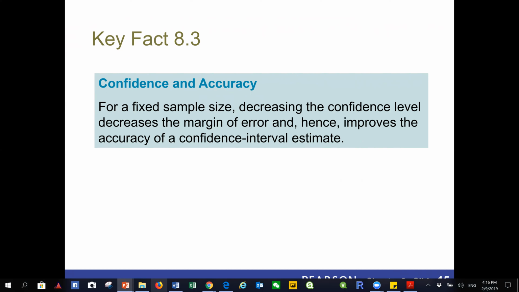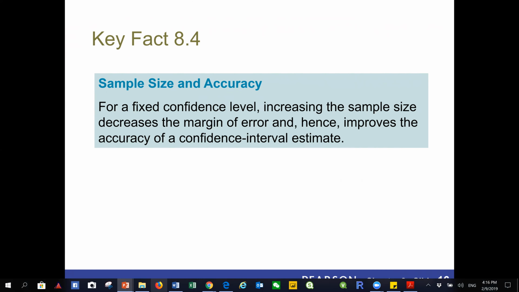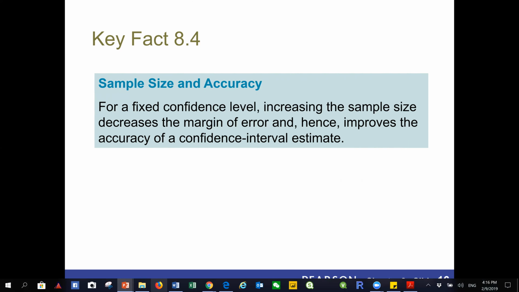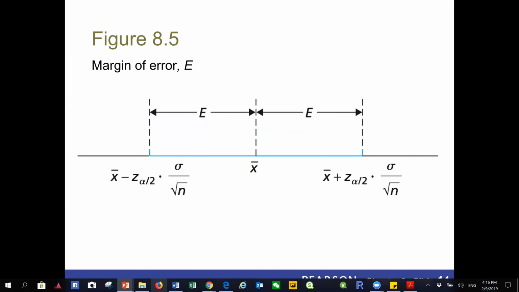When you decrease the confidence level, increasing the sample size decreases the margin of error. Okay, let's look at this: sample size and accuracy. Let's come back and look at this.